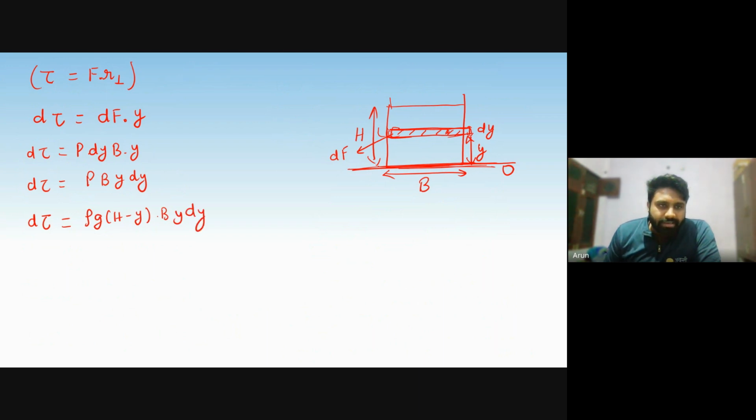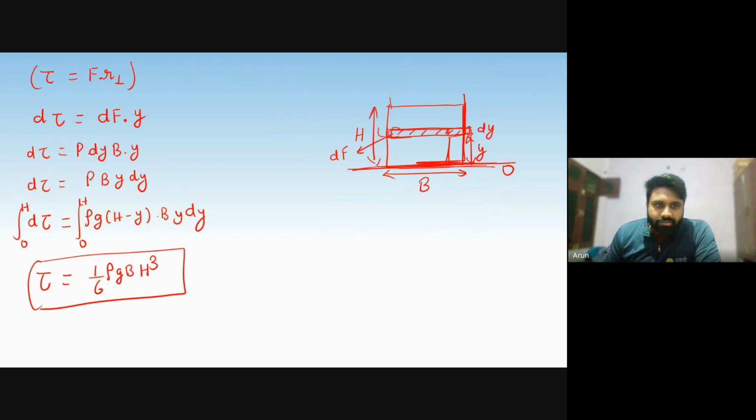So again we need to integrate it from 0 to h, because y varies from 0 about this line to h, the maximum height up to which the water has been filled. So you calculate the torque, and it will come out as 1 by 6 times rho g b h cube.